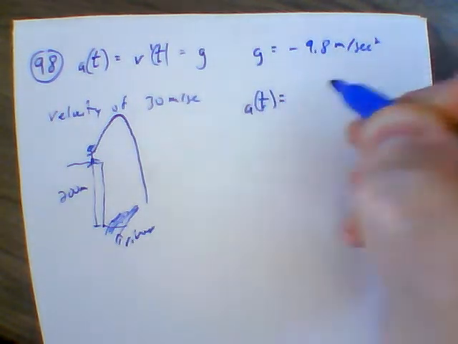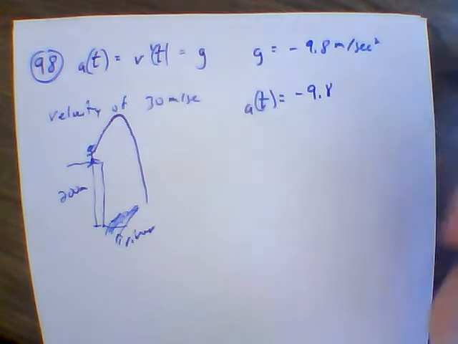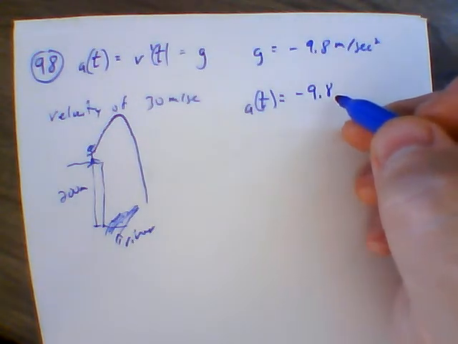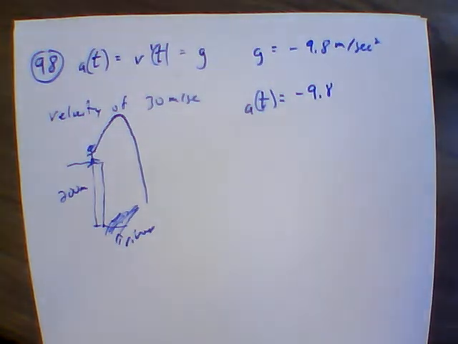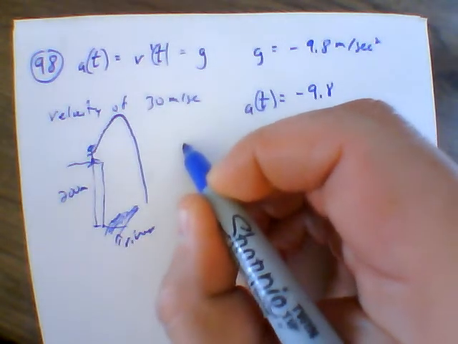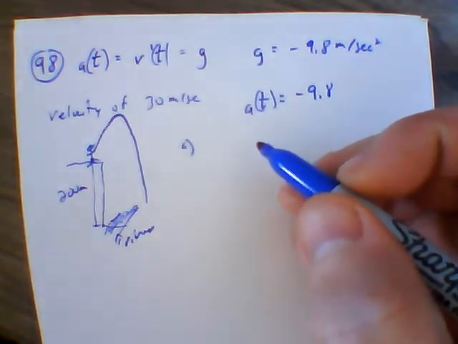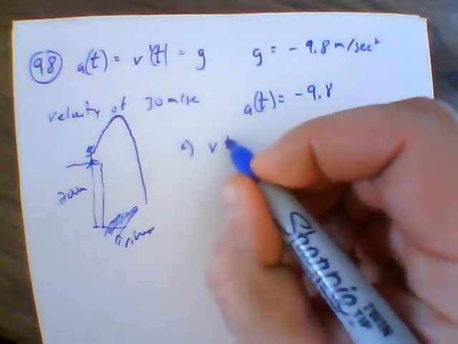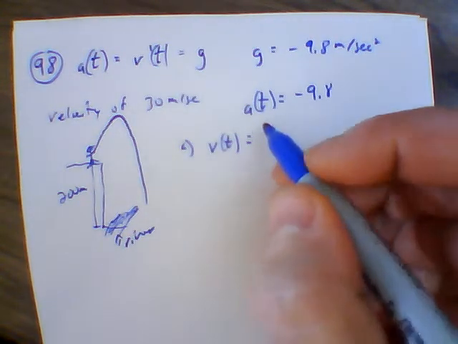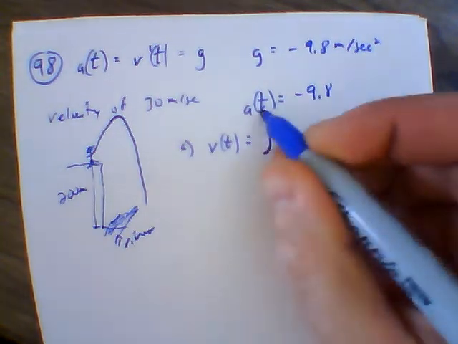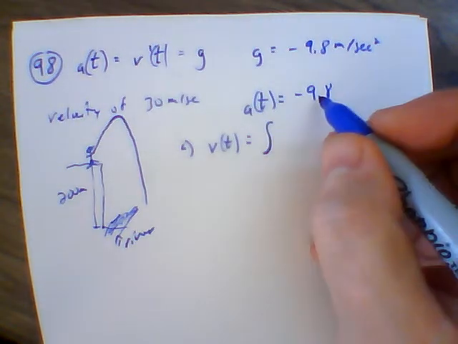A of t equals negative 9.8. Okay, now it's going to ask us in part A. So part A, it asks us for what is the velocity of t. Okay, so the velocity of t is going to equal the integral of the acceleration formula.